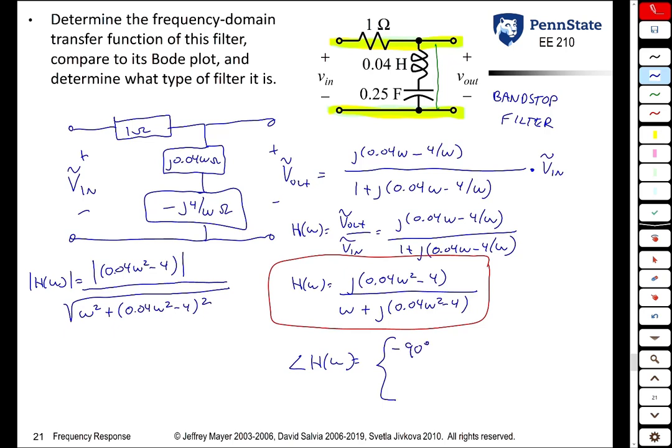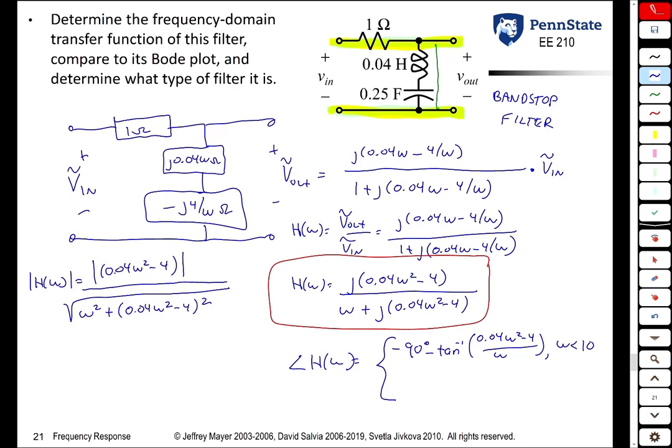So the numerator angle is going to be minus 90 degrees minus the denominator angle, which is the inverse tangent of 0.04 omega squared minus 4 over omega. So that's going to be the equation for a frequency of less than 10 radians per second.